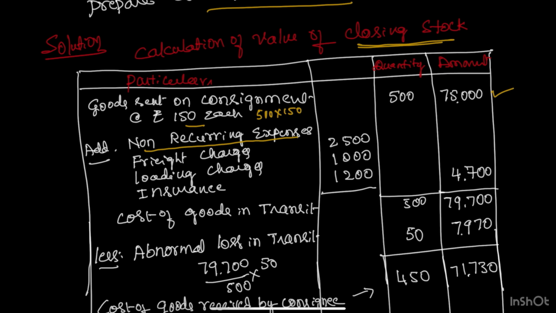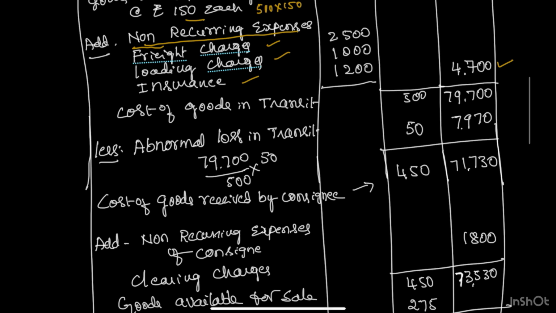Only the expenses spent for this consignment purpose, like freight charges, loading, insurance, are to be considered. That's what we call non-recurring expenses. The total is 4,700, which is added to the cost of the stock.